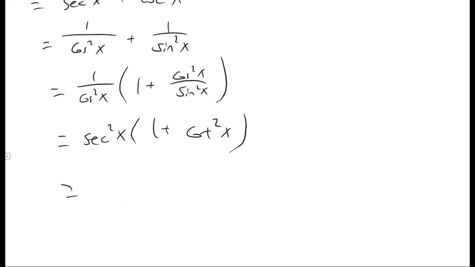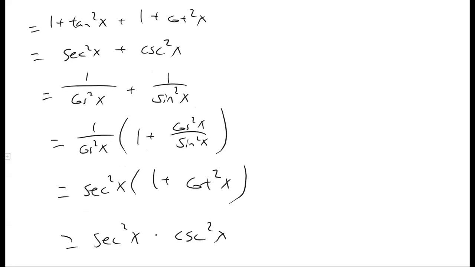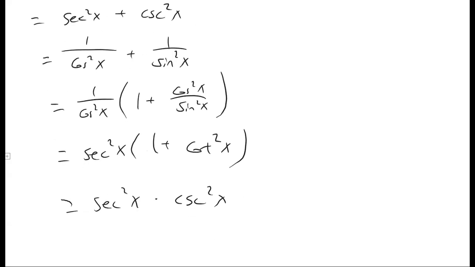And look, this gives us the product now. Times cosecant squared x. Okay, there we go. So interesting. Secant squared x plus cosecant squared x is apparently the same thing as the product, secant squared x times cosecant squared x. Interesting finding that we did while doing this problem.